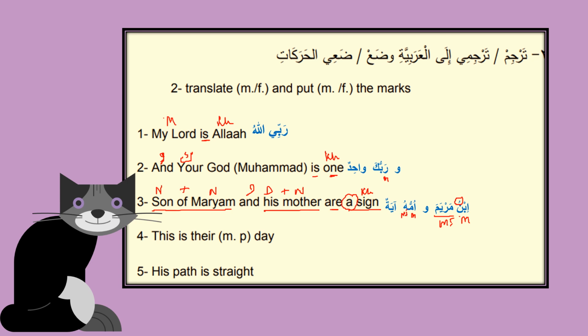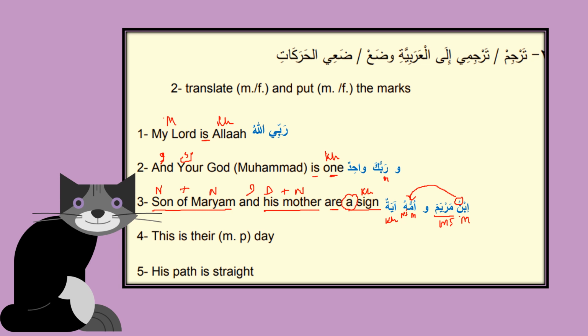Ummu is a matuf, and it is following the same haraka just like ibnu, the dhamma here. So ibnu Maryama wa ummuhu ayatun. Ayah means sign or a sentence of the Quran. So ayah here means sign. So this is our khabar. So ibnu Maryama wa ummuhu ayatun.